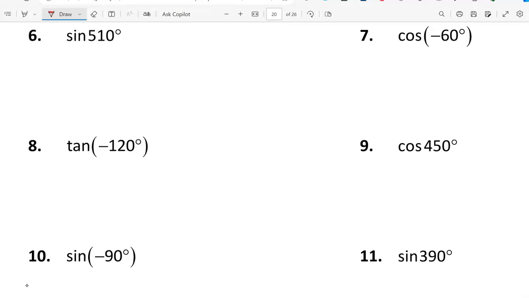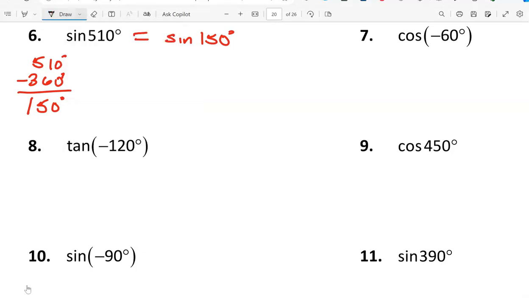So subtracting 360 from 510, we get 150. And so sine of 510 is the same as sine of 150 because they terminate in the same spot.